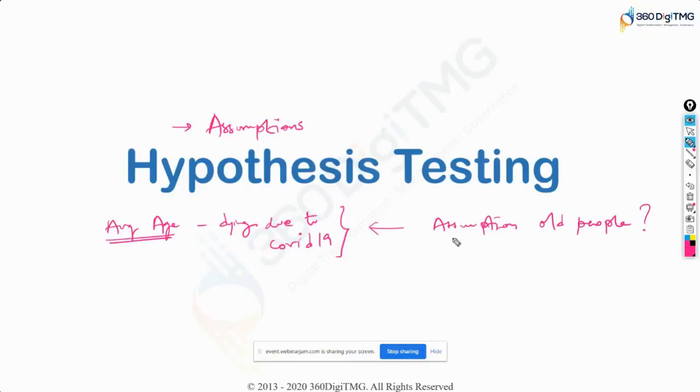So the default assumption would always be the current assumption, or I would say status quo condition. And we call this default assumption or the current assumption as null hypothesis, which is represented as H0.